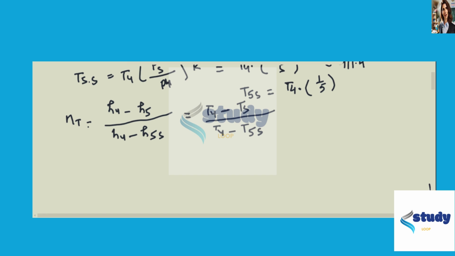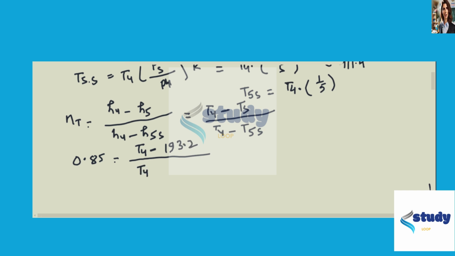Turbine efficiency is given 85%. So it is to be 0.85 to be equal to T4 we are measuring, temperature T5 is given 193.2. This is given in the problem.